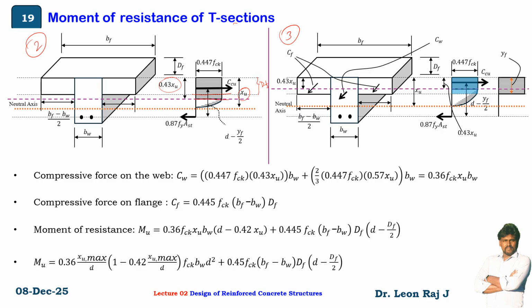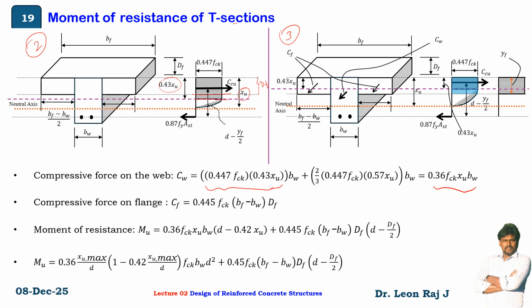The compression force is 0.87 Fy, that is 0.447 fck into 0.43 Xu into bw. Then the remaining portion is 2 by 3 into 0.447 fck into 0.7 Xu into bw. So this is nothing but 0.36 fck Xu into bw.